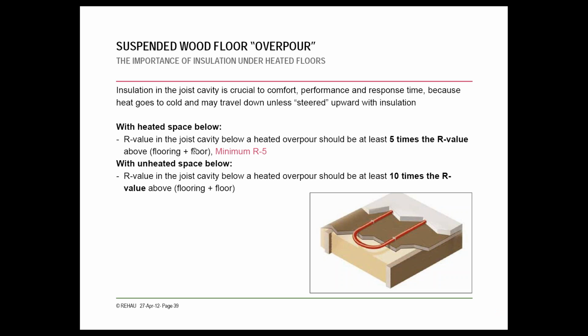So if you have a wood floor, count your subfloor as well. So you have a 5/8 or 3/4 inch subfloor plus whatever floor covering you're going to be sticking on top of it. If there's an unheated space below, you should go even higher. It should be 10 times the R value.